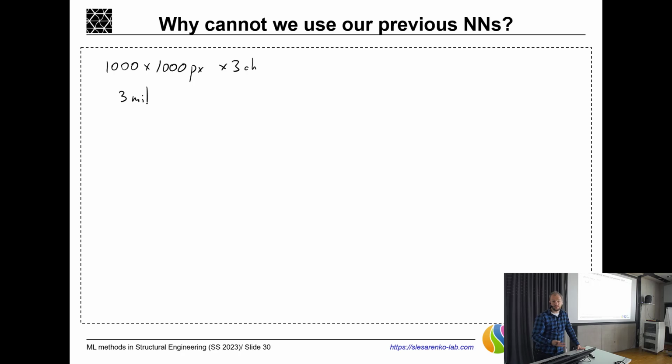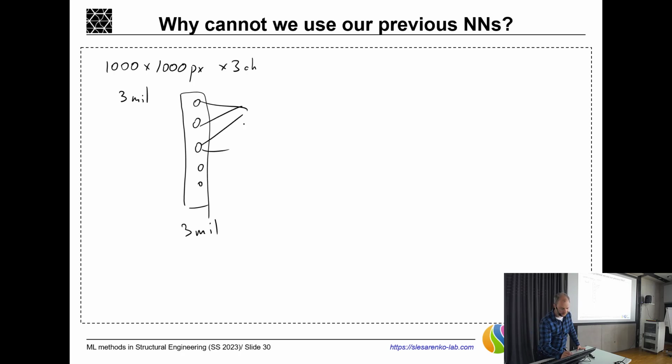Therefore, if we'd like to create our classical neural network, we need to have 3 million points here, then probably something similar, like 3 million points here. And how many weights do we have just to connect these two layers?